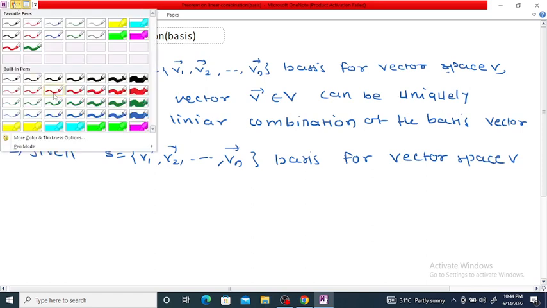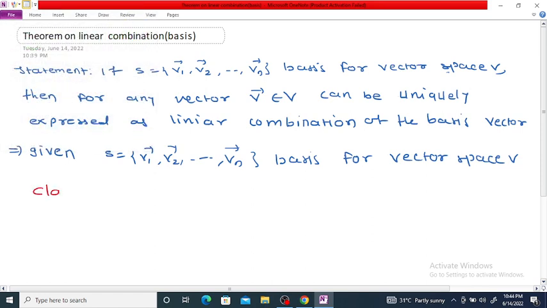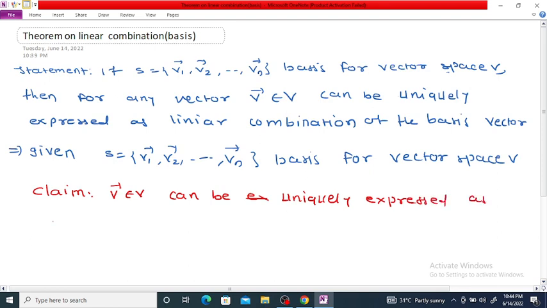We want to show that any vector V bar belonging to V can be uniquely expressed as a linear combination of the basis vectors.